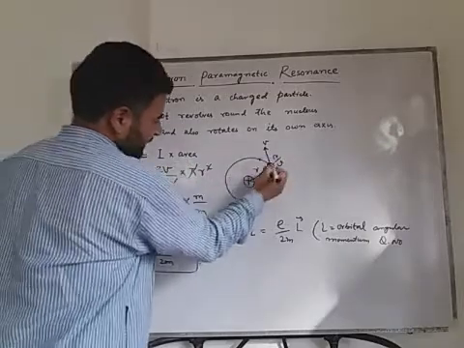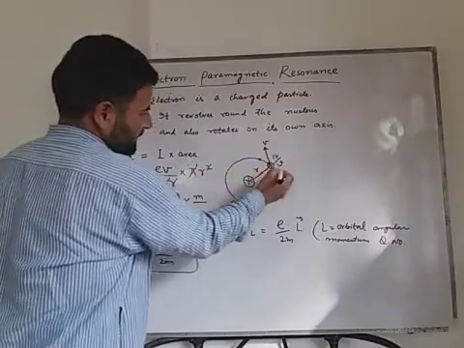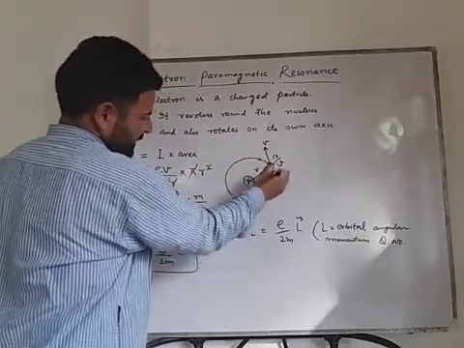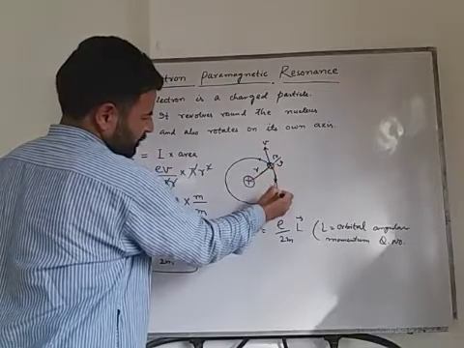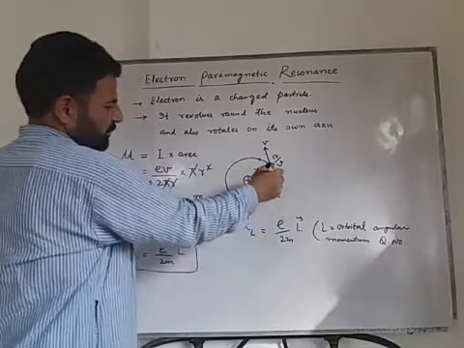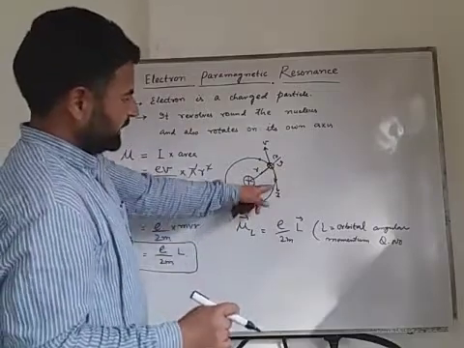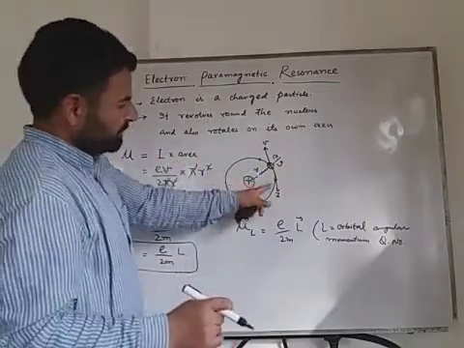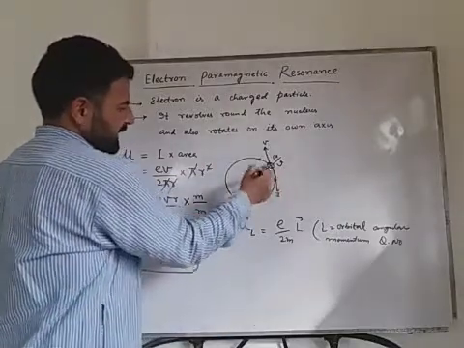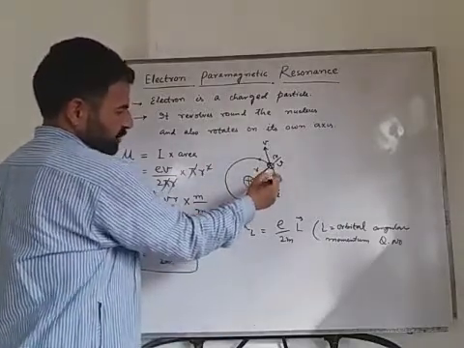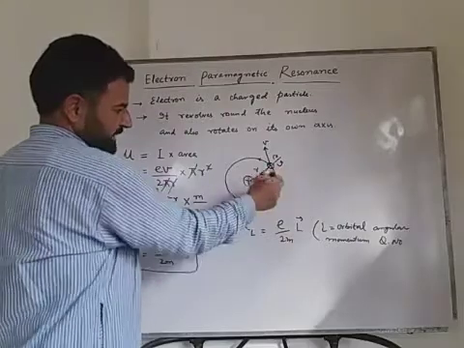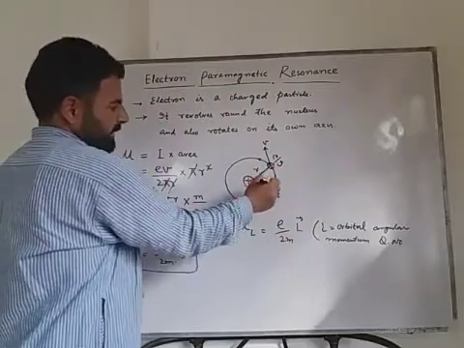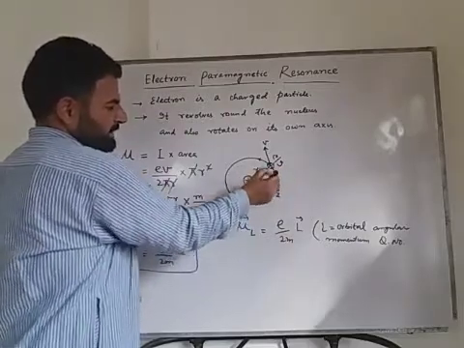The current vector can be shown like this, I. When we take I cross R, because R is the function of area, I cross R will go inside. If we rotate the screw from I to R, it will go inside the board.